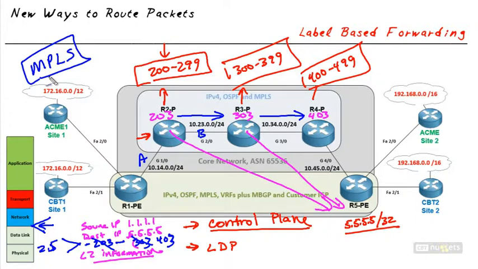However, there is some magic involved that you definitely want to be aware of, and that's this. Because R2 and R3 and R4 did not have to look at the layer 3 information, my question is, what could we send across an MPLS network if we're not looking at the layer 3 information? So let's say, for example, that this core network that we have is all running IPv4, and we have MPLS added to it. And let's say in our core network we have 250 routers.